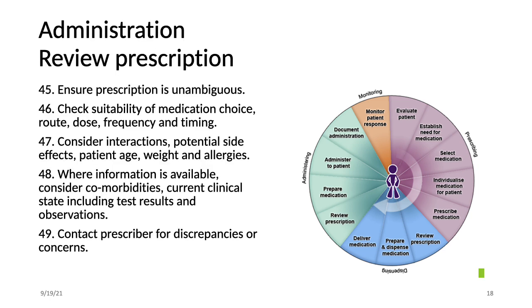When the nurse receives the medication, she needs to review the prescription, ensure prescription is unambiguous, check suitability of the medication according to the dose, frequency, timing, route, consider interaction and potential side effect, and where information available, she should check for comorbidities and contact the prescriber for any discrepancies.